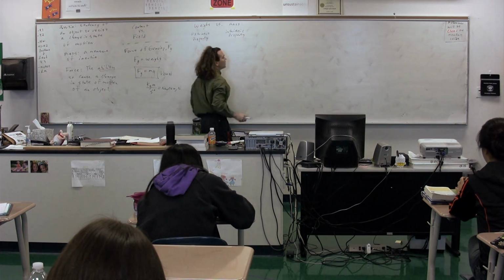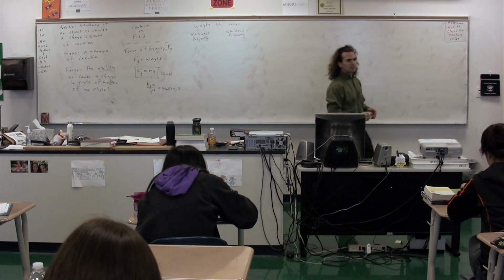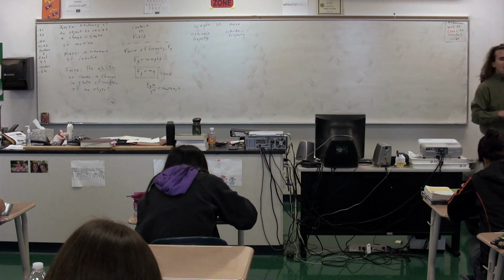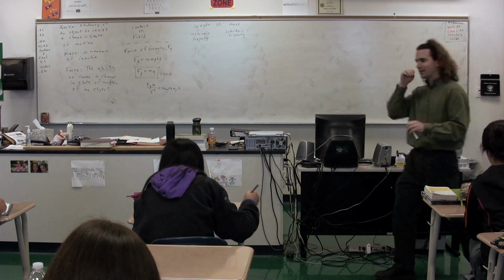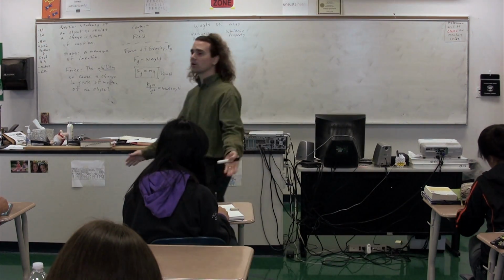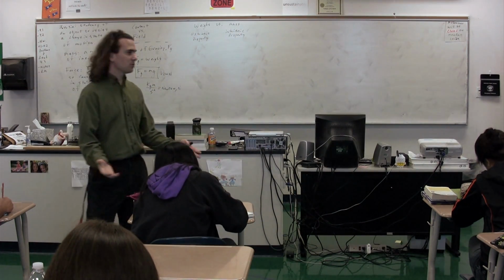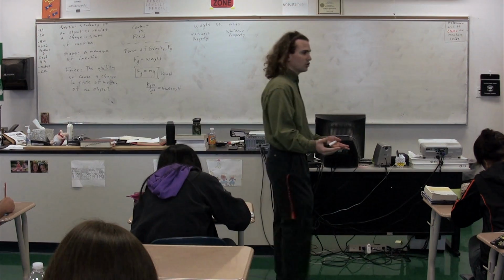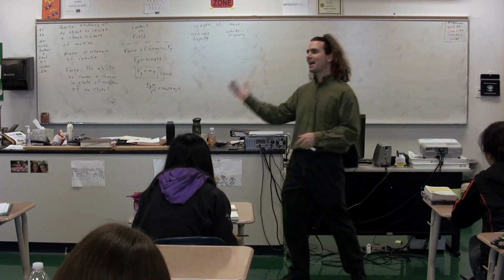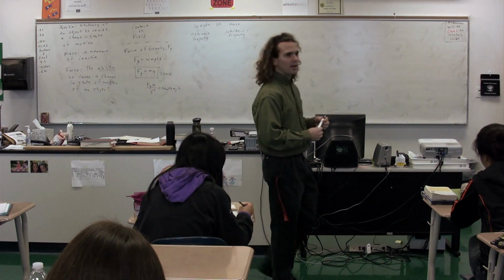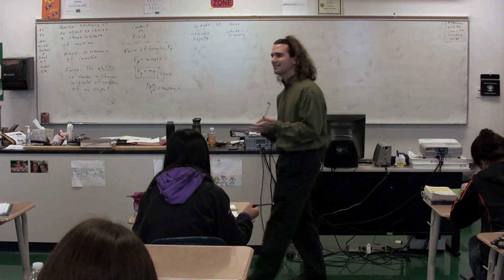In other words, mass is not dependent on external variables, whereas weight is. Weight is dependent on the acceleration due to gravity, and if we were to go to a different planet, your mass will stay the same, but your weight will change. If we go to the moon, again, mass is going to stay the same, but your weight is going to change. Okay, that's one of the differences between weight and mass.